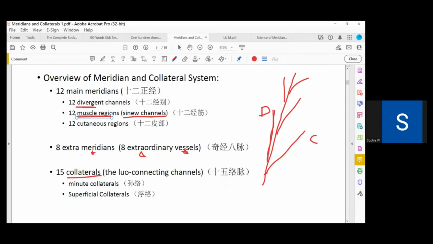And the collaterals are sometimes still very long. It's not short.